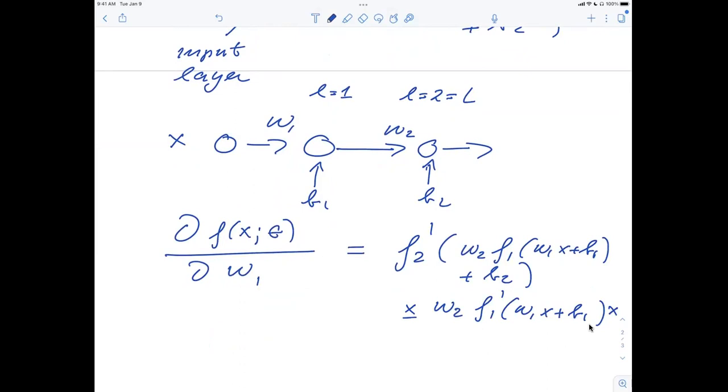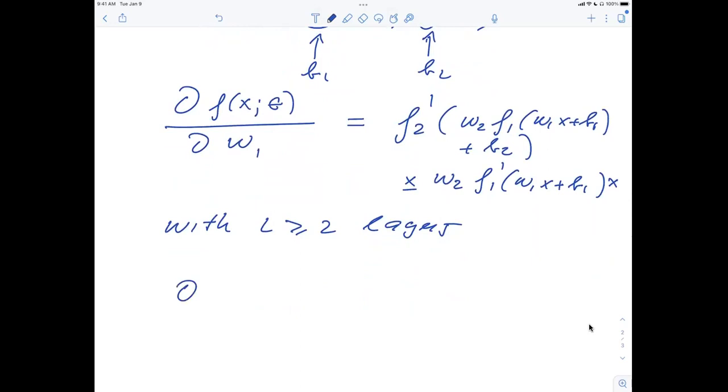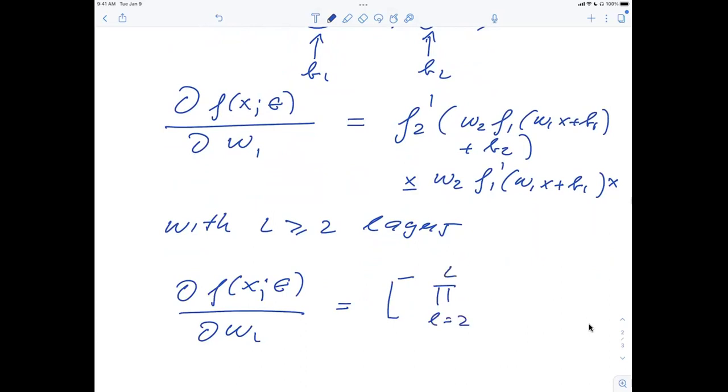Now, if I have L layers, and L is different from 2, so let's say L larger than 2 layers, what we end up with is that this derivative of f of x, theta, with respect to w1, is going to be given by a product. I'm going to have a product from L equal to 2 up to the final layer of WL.